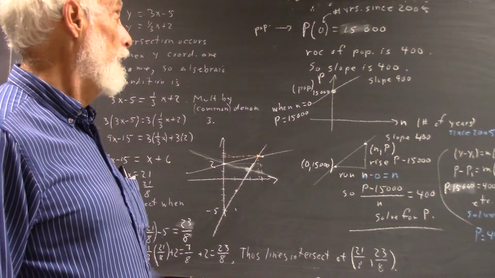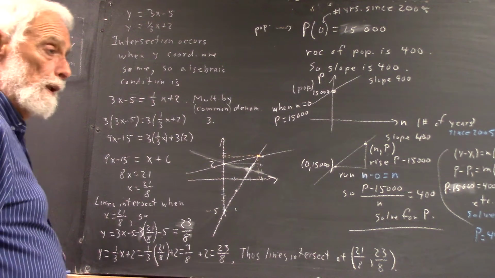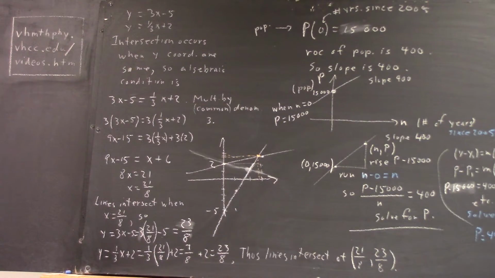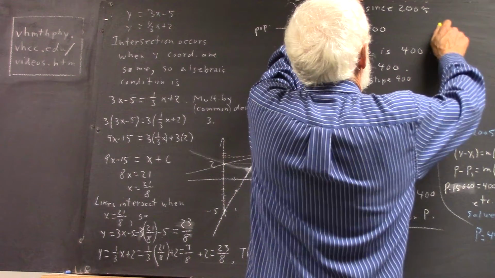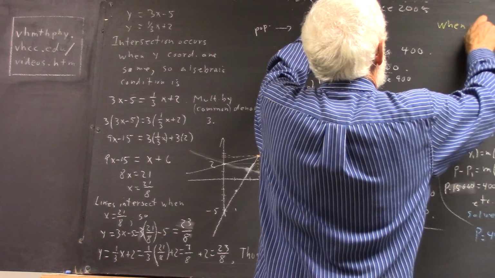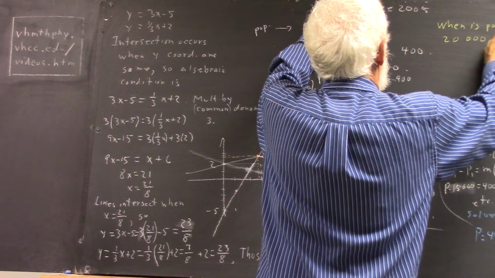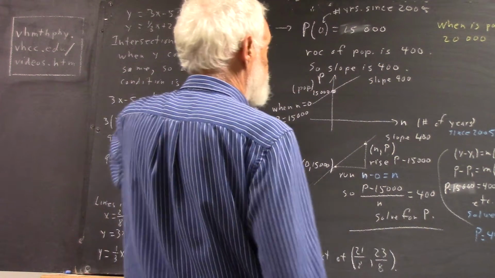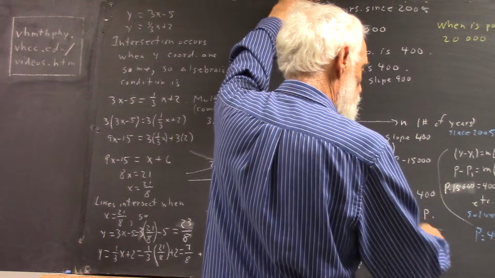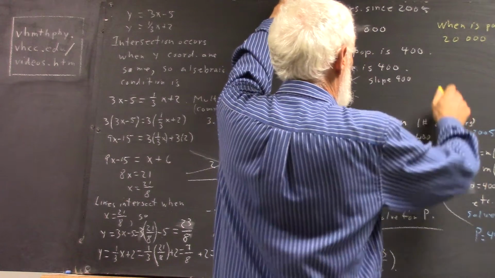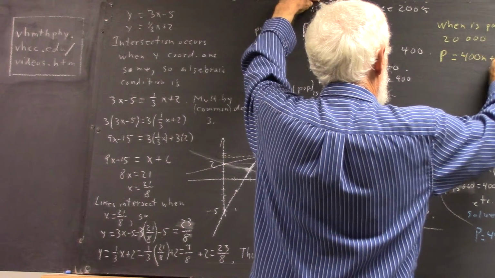At this point, we can ask all kinds of questions. We could ask, for example, when is the population 20,000? Well, using this equation, p is 400n plus 15,000.